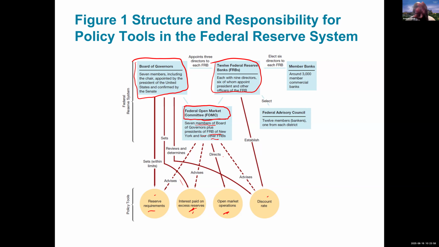If a bank within the Texas jurisdiction, the Dallas Fed, wants to apply for discount loans from the Federal Reserve, they're going to go through the Dallas Fed. So if there's another bank which is in Boston that wanted to apply for Federal Reserve loans or discount loans from the Fed, they have to go through the Federal Reserve Bank of Boston, which is the 1st district branch.